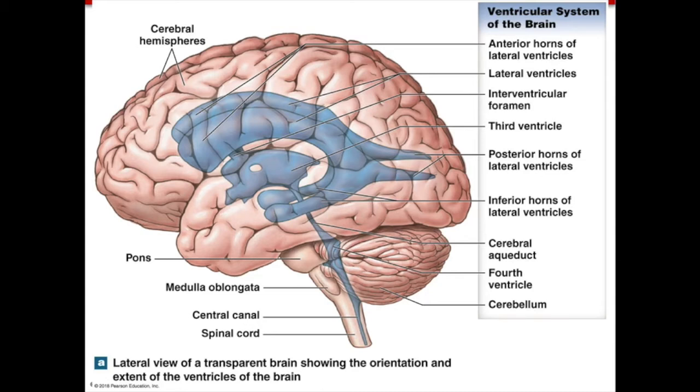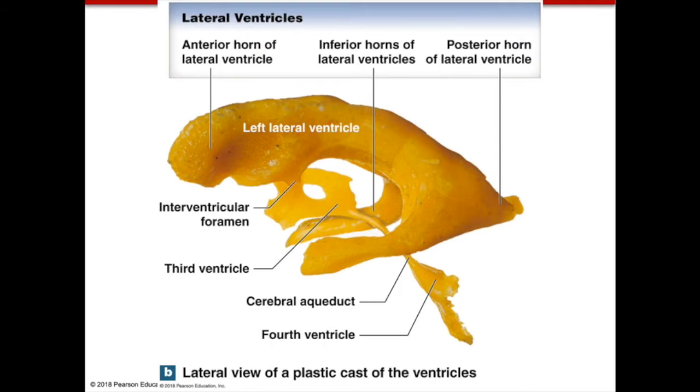If we put a substance that makes a mold of the ventricular system, it would look something like this. It's like a plastic cast of the ventricles. So the ventricles consist of part of a system where the cerebral spinal fluid will circulate. Let's see how this circulation occurs.